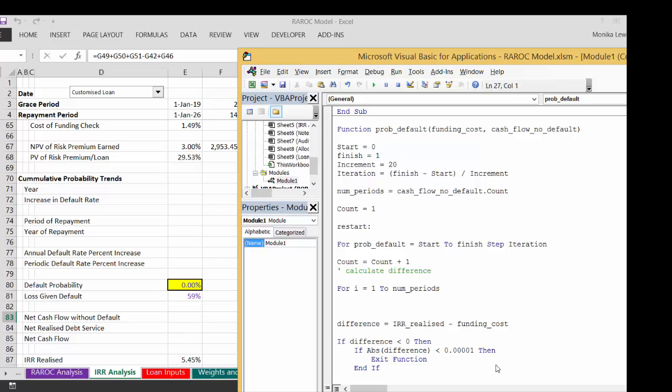And we can adjust this cash flow. What we'll put here is the cash flow with the loss equals the cash flow with no default minus the loss.